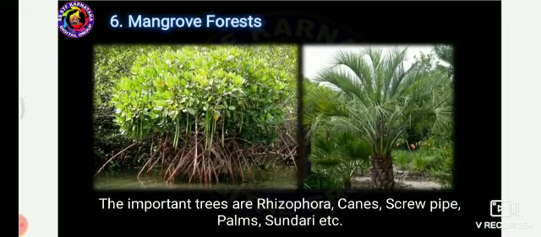Important mangrove trees are cane, screw pipe, palms, sundari trees, and rhizophora, especially sundari trees. Sundari trees grow in plenty in mangrove forests, especially in the Ganges Delta, so more sundari trees grow. That's why these are called Sundarbans. The important natural habitat of the Sundarbans in West Bengal or the Ganga Delta is the white tiger.